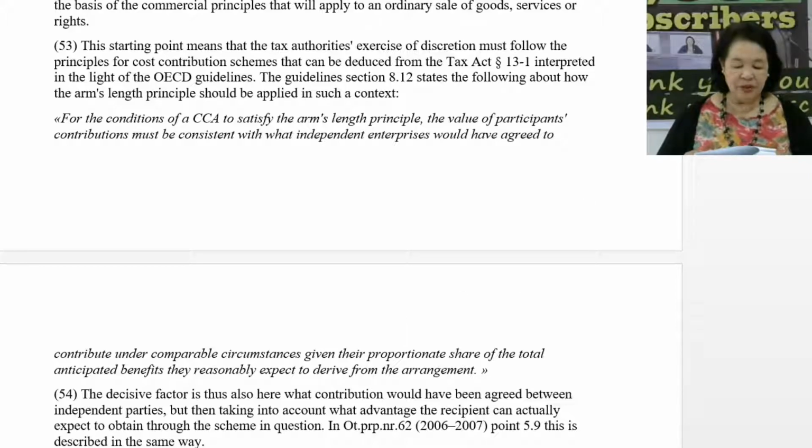So for the conditions of a CACA to satisfy the arm's length principle, the value of participants' contributions must be consistent with what independent enterprises would have agreed to contribute under comparable circumstances, given their proportionate share of the total anticipated benefits they reasonably expect to derive from the arrangement.